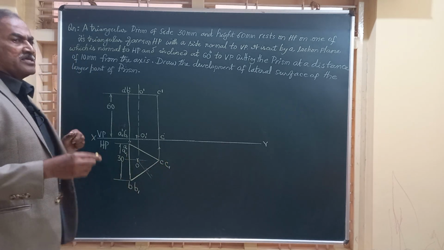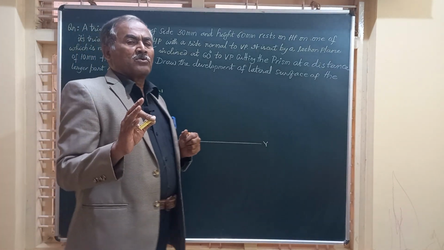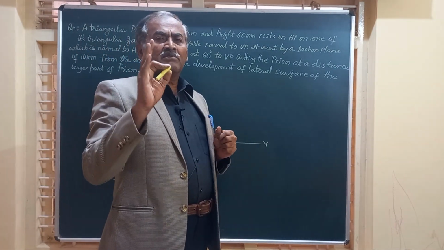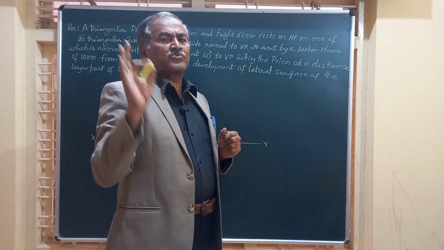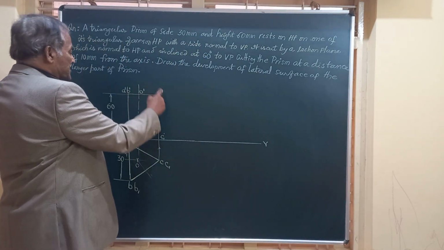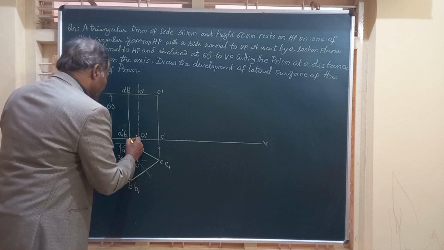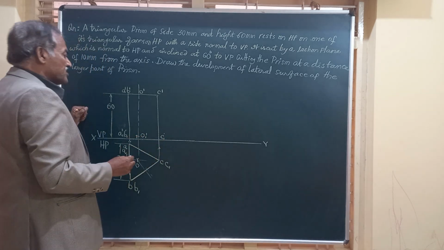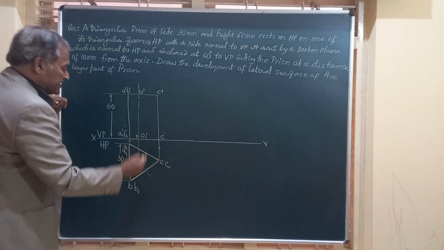Double marking will be done in the top view only for prisms, cylinders, cubes only, and nothing else. So this is how the object looks in the front view when it is placed on its triangular face on HP.